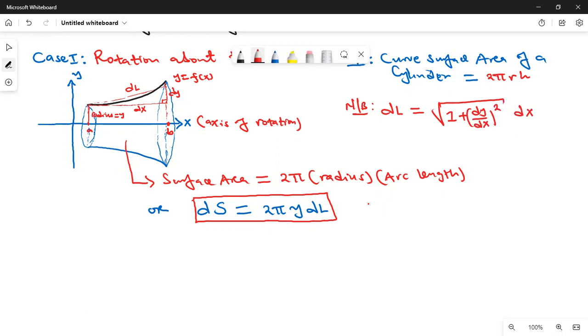That's what we found, so I'm going to replace it there.